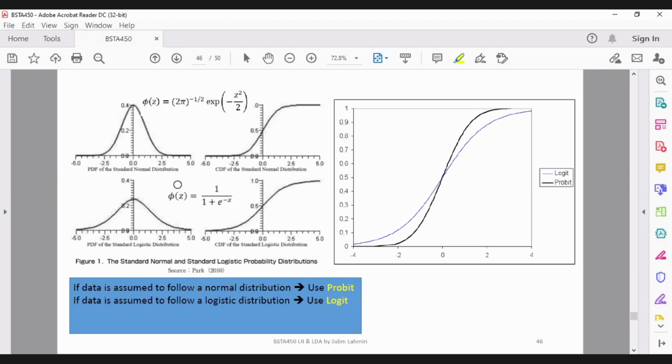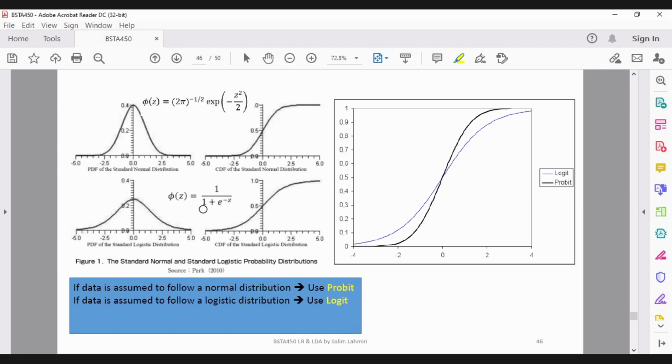This is the equation for logistic regression, and this is the equation for the probit model. The difference is that the probit model uses a normal distribution, while the logistic model uses a logistic distribution.